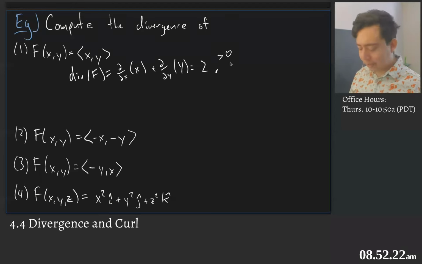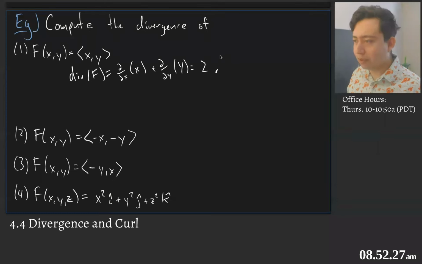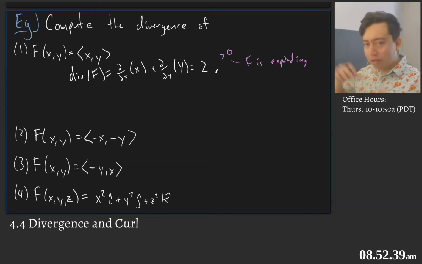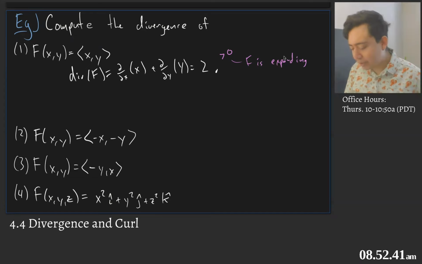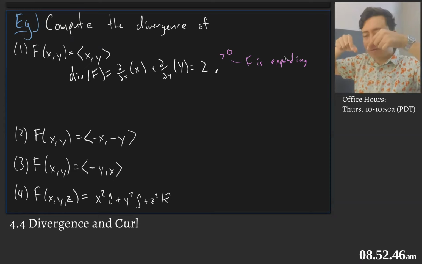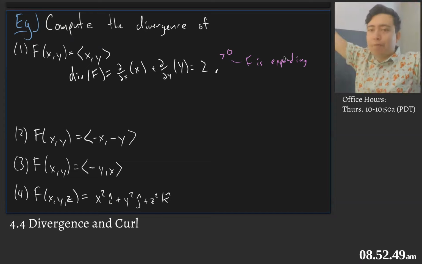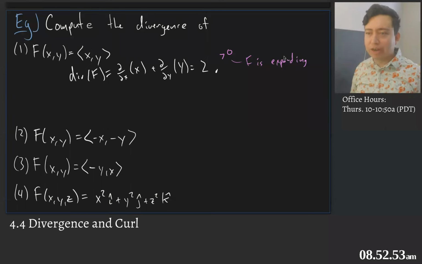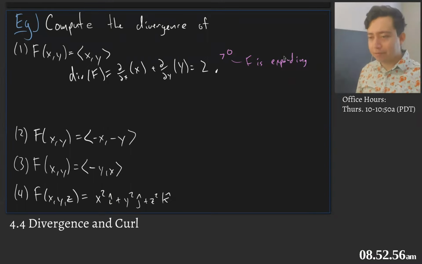Because this is greater than 0, that means that f is expanding. So divergence, you should think of it as diverging away. If I dropped 2 particles relatively close together, they would get further apart because they're just expanding. So they're diverging from each other. So it's expanding. Okay.